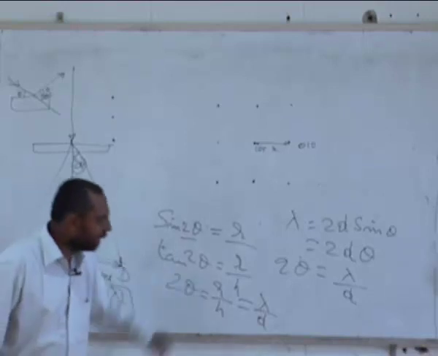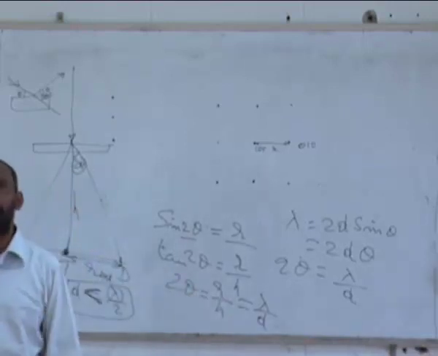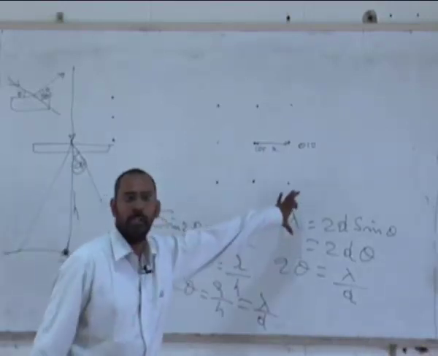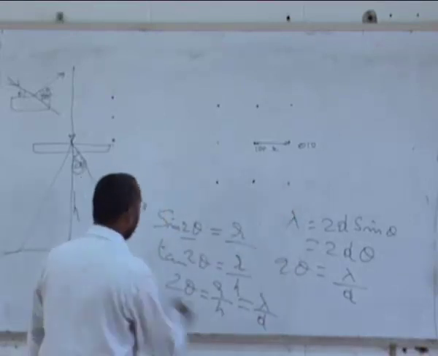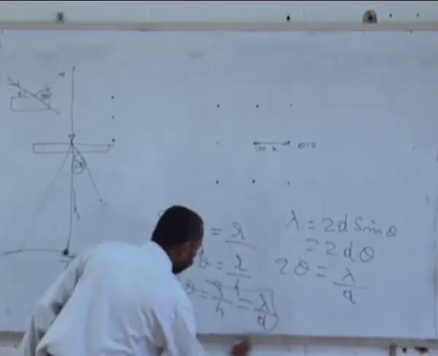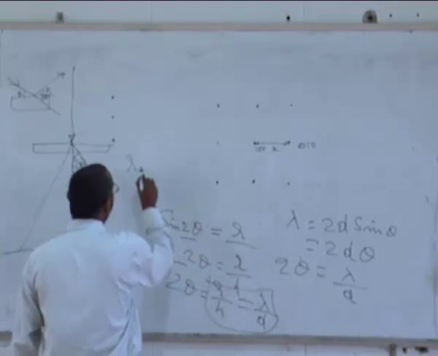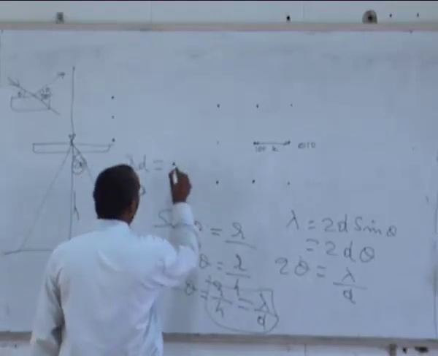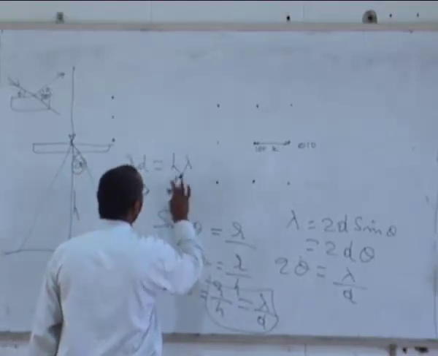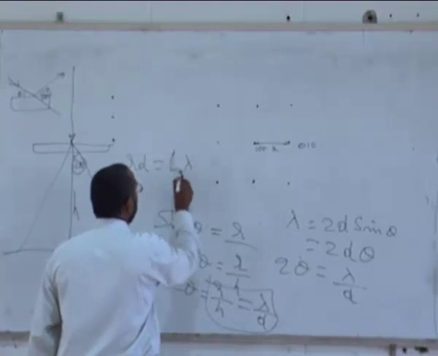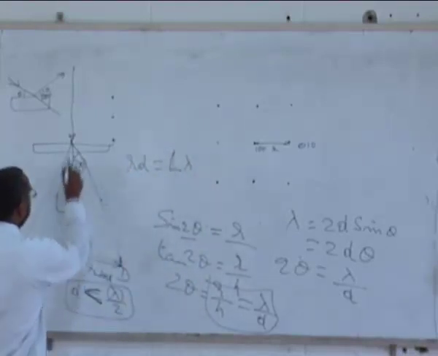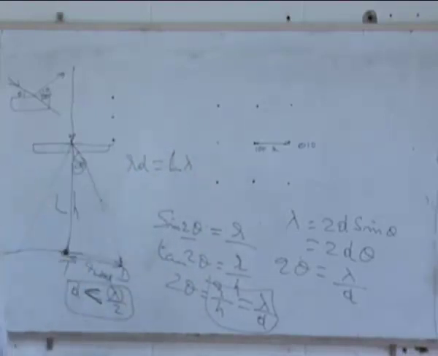So 2 theta is r by h, which is also equal to lambda by d from Bragg's law. So I can use this and we call it Rd equal to h lambda, or people also call this as L. People call this as camera length. The distance between the sample and the image is called camera length.